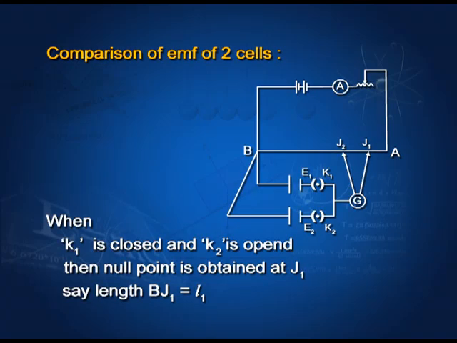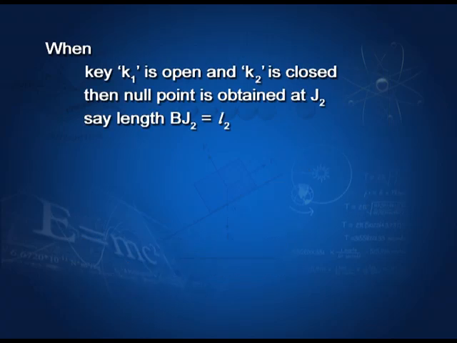When key K1 is closed and key K2 is open, the null point is obtained at J1, say length BJ1 equals L1. When key K1 is open and K2 is closed, the null point is obtained at J2, say length BJ2 equals L2.